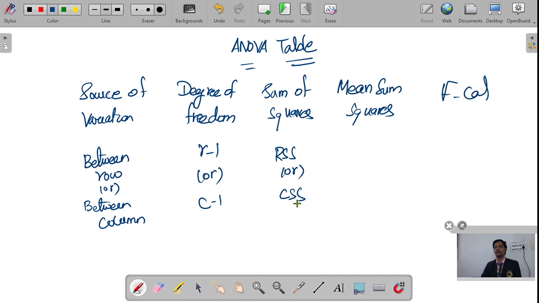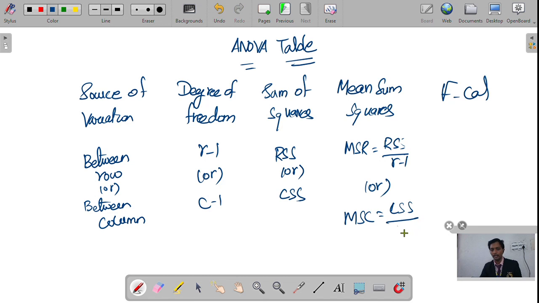The mean sum of squares for row wise is MSR equal to RSS by r minus 1, or else MSC is calculated by CSS by c minus 1. So this is the basic rule.